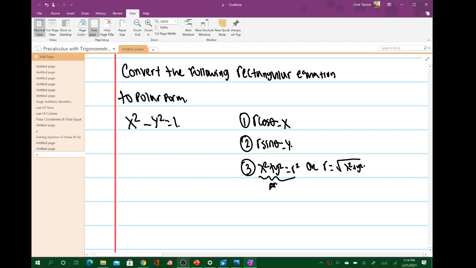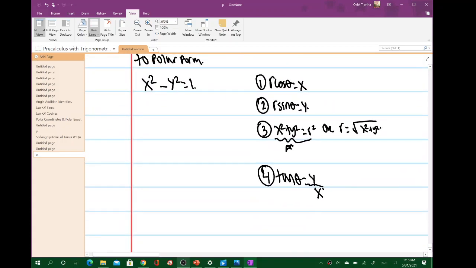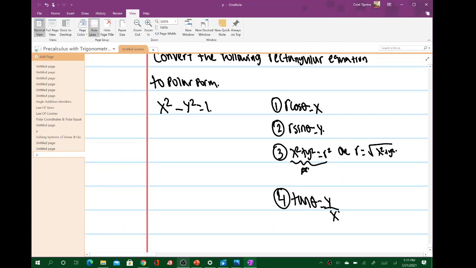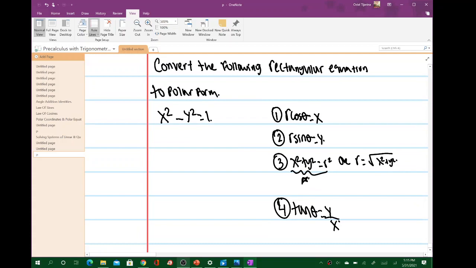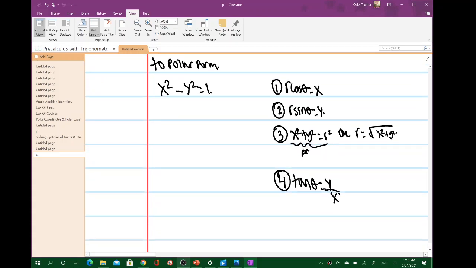This one's more preferable. And also we'll just do tan theta equals y over x just for the sake of it, because even though we don't really need it for this one, it's still good to know it, right? Now, to convert this to polar, we know that r cosine theta is x, right?